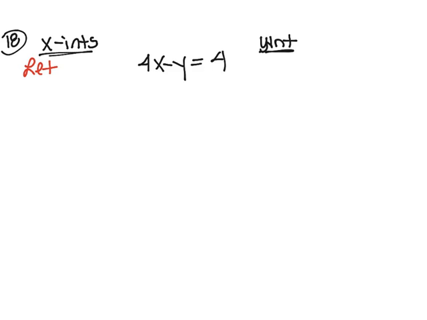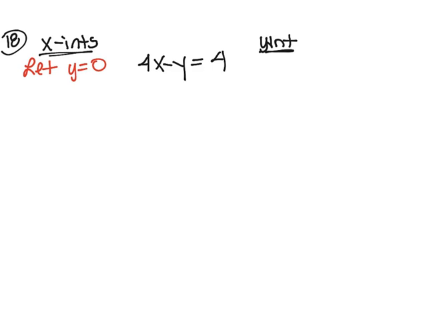Okay. 18 says find the x and y intercepts of the line 4x minus y equals 4. If I'm looking for x-intercepts, we're going to let y be 0.